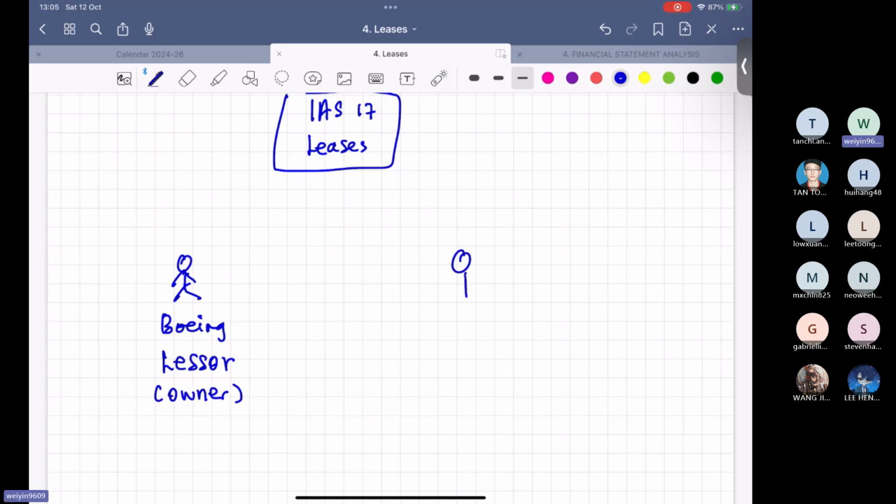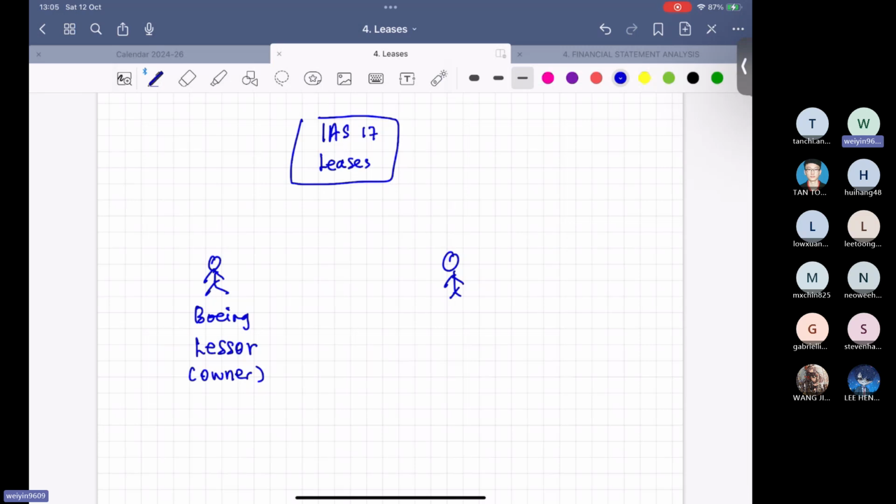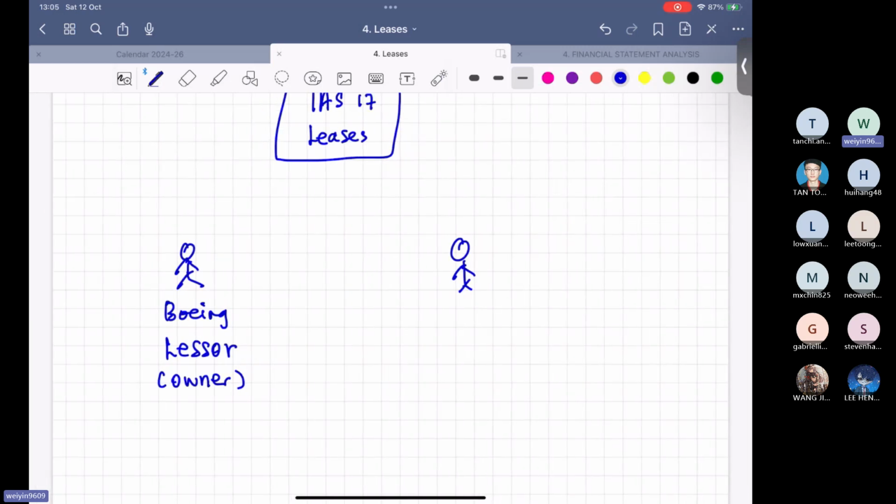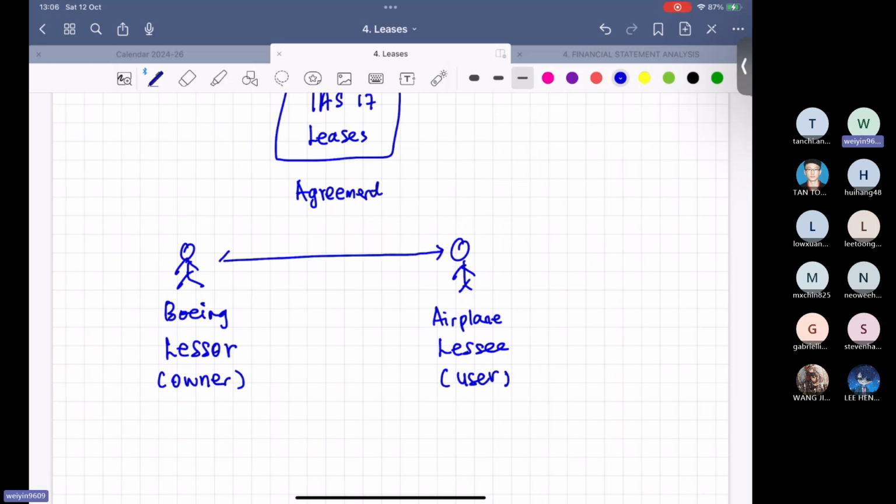The second person is the airplane company, and we call it the lessee. The lessee is the user. There is an agreement between these two parties, and this agreement allows the lessee to use the asset of the lessor.